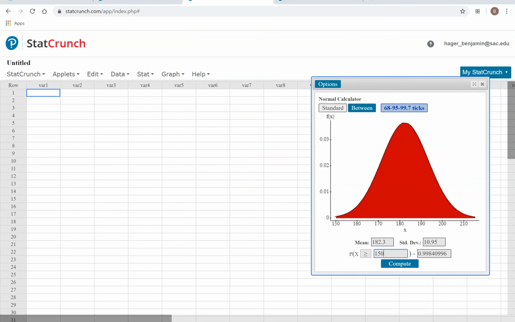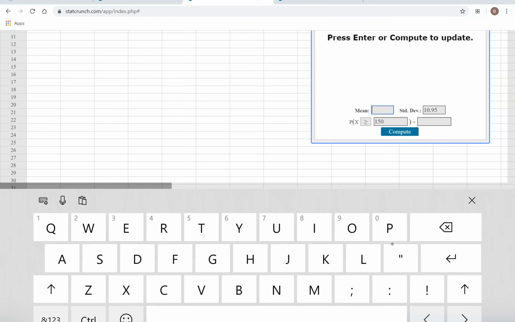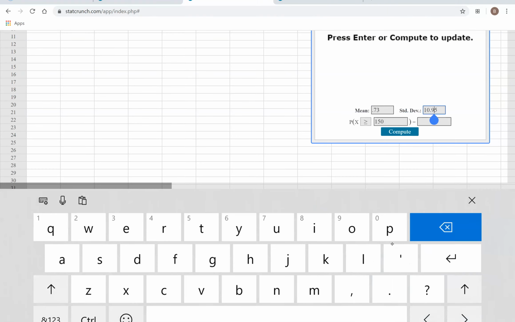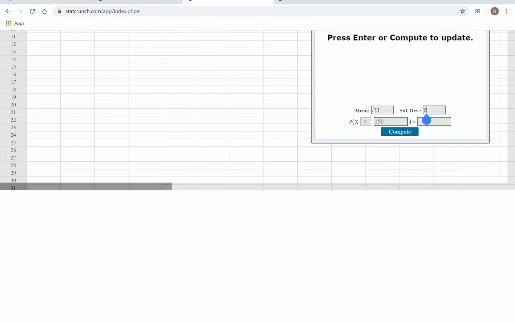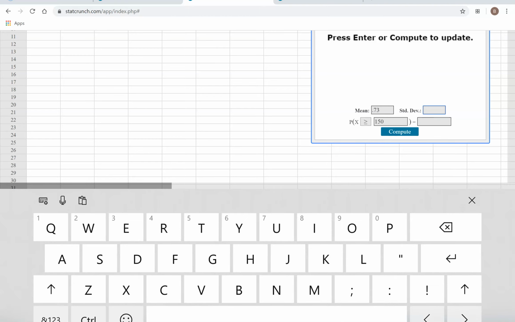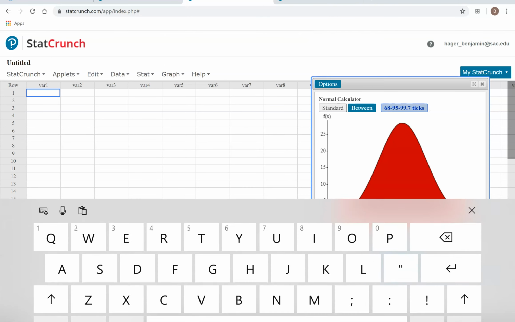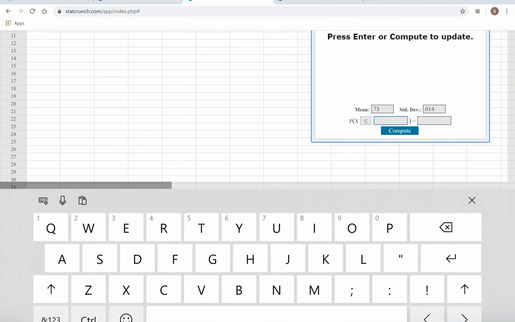So let me go back to StatCrunch. I got the normal calculator up, but again, my mean is now 0.73, and my standard deviation is 0.014. And I'm looking for the probability of being less than 0.7.